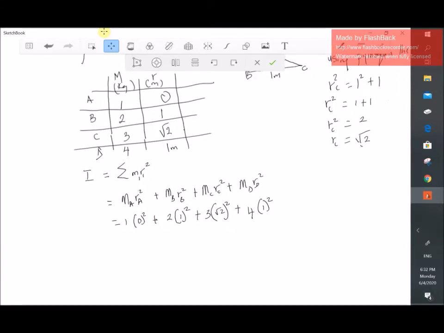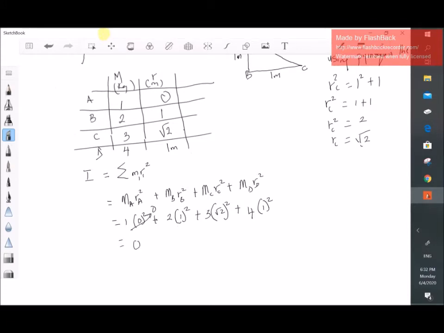We begin to evaluate. So we have, this is gone to 0. Alright, so we now have 0 plus 2 times 1 squared is 2, plus 3 times root 2 squared. Root 2 squared gives us 2, so it becomes 3 times 2.